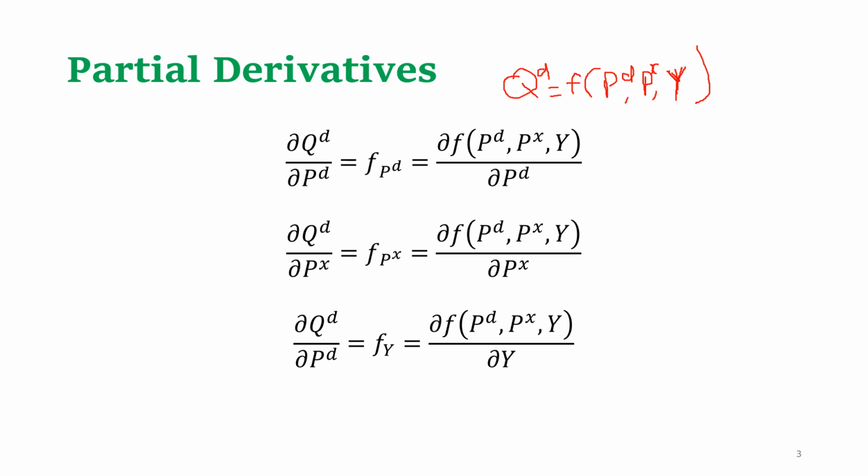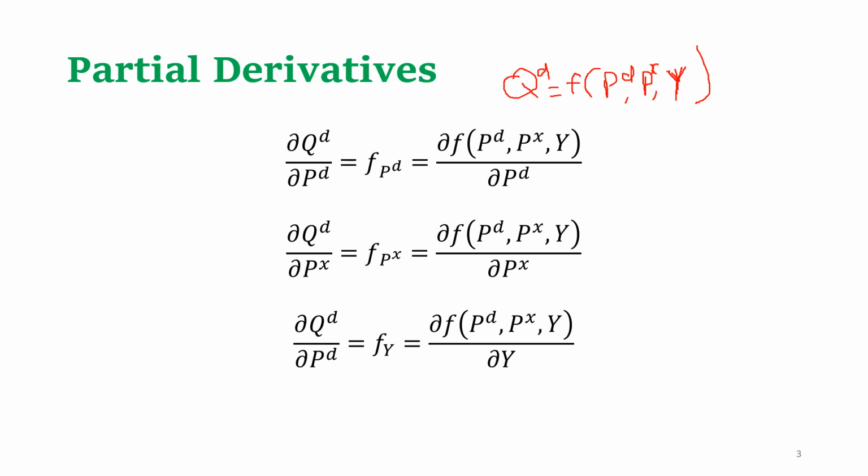You see the small f PD, right? And then this equals the partial of QD over PD. So that is the symbol for the partial derivative with respect to PD.